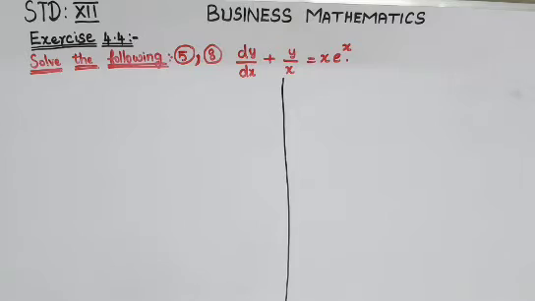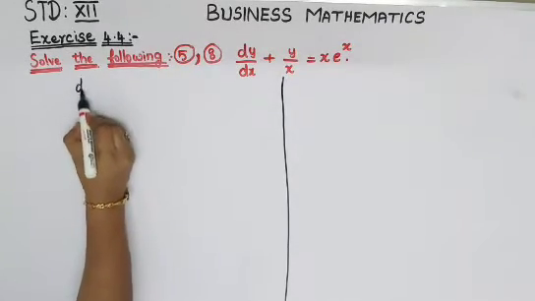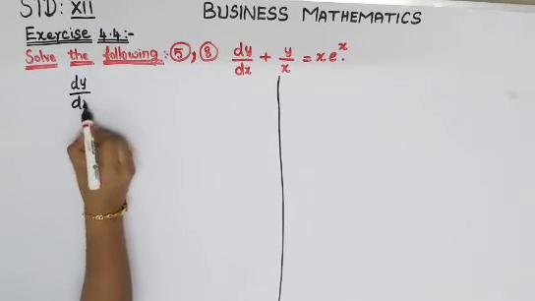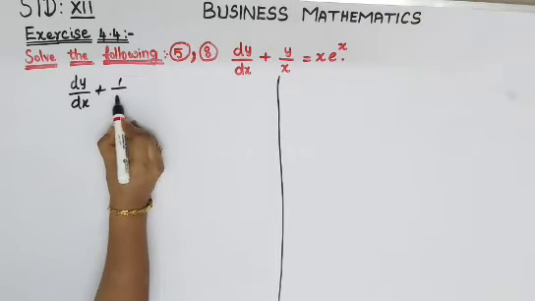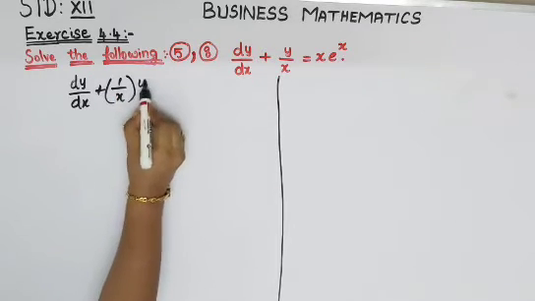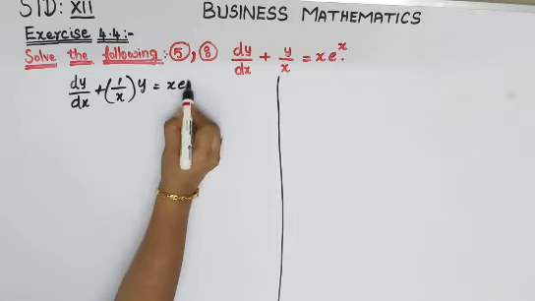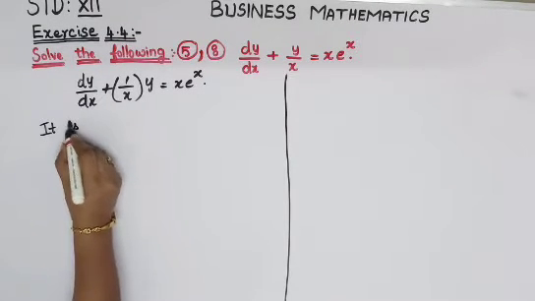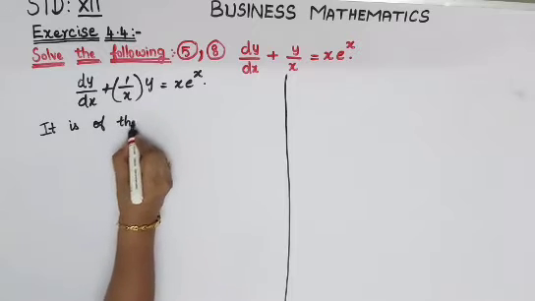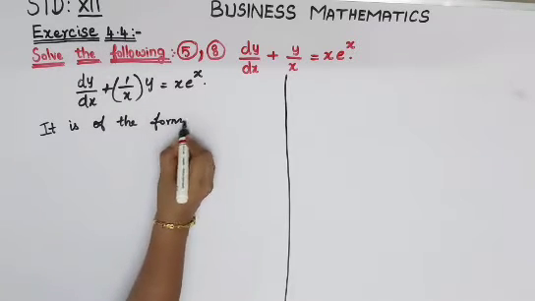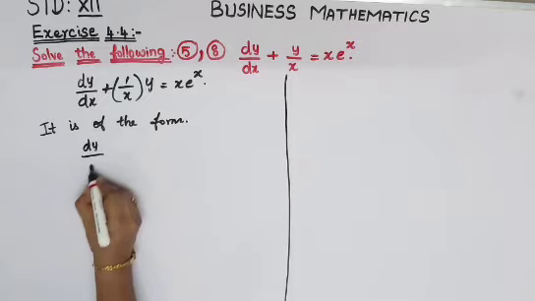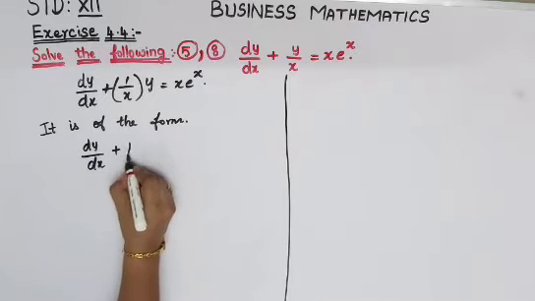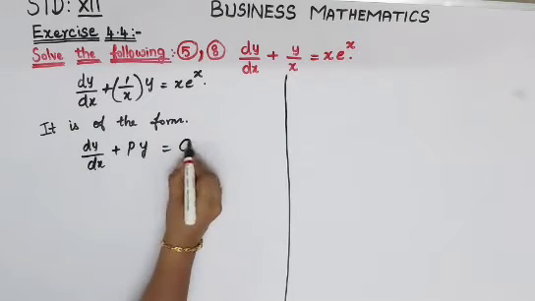First we will have to bring it to the format, that is dy by dx plus 1 by x into y, which is equal to x into e power x. It is of the form dy by dx plus py is equal to q.